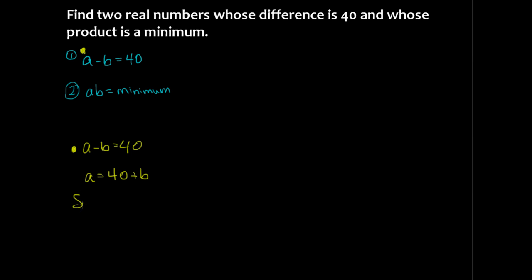Now we will substitute this value into 2. So a times b must be a minimum. We're looking for the combination whose difference is 40 and whose product is the smallest possible while sustaining that first condition.